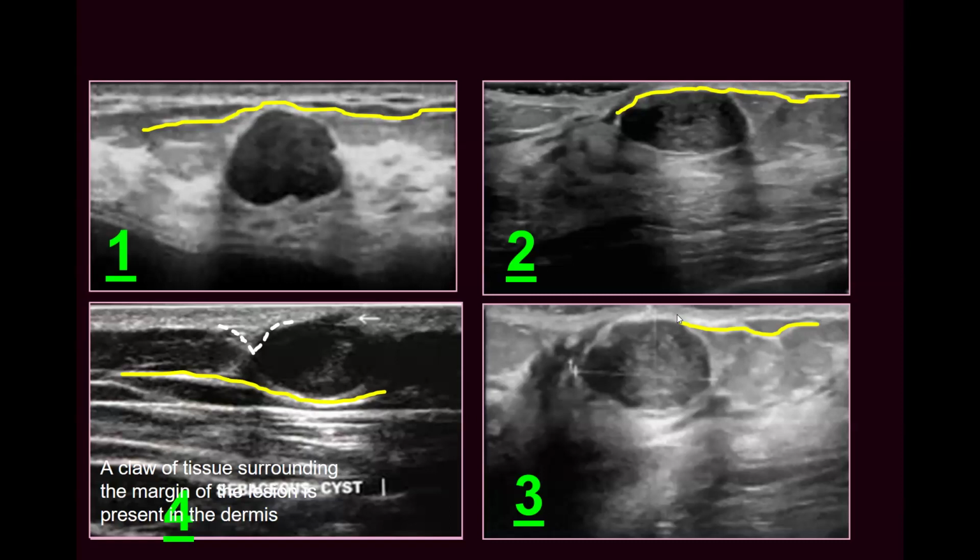That means it is not pushed posteriorly by the lesion. While this, from the literature, is proven to be a dermal cyst, having a claw sign and a tract sign, but look at the superficial fascia coming posterior to that lesion.